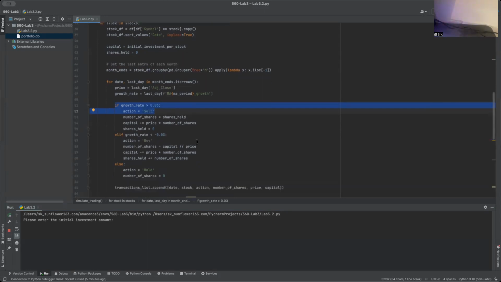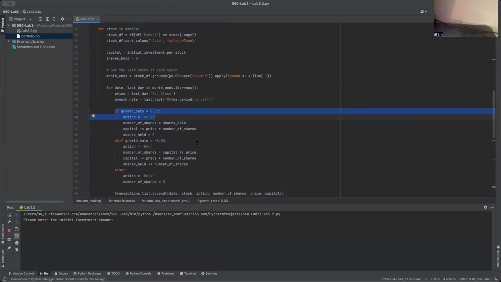For example, if we choose 5 days moving average, then we're going to calculate for January. We're going to calculate the moving average of Jan, and then we're going to calculate the growth rate of moving average 5, and then decide at the end of January, are we going to sell or buy or hold?